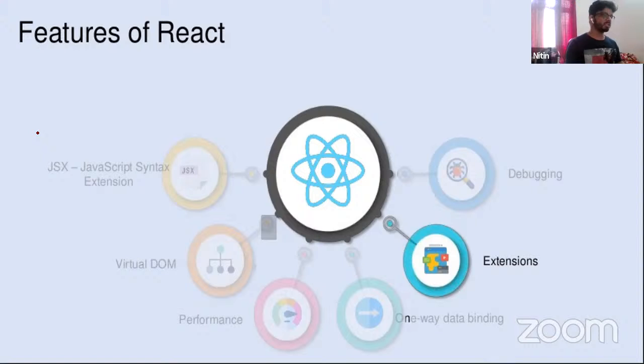So what JSX does is it allows us to write HTML inside JavaScript. Okay, so in the same way, React extensions allow us to do what React allows us to do plus something more. That something can be anything, but it is something more than what simple React allows us to do.